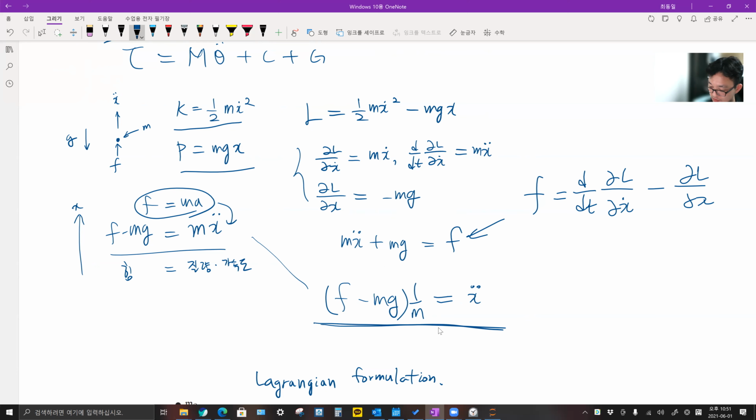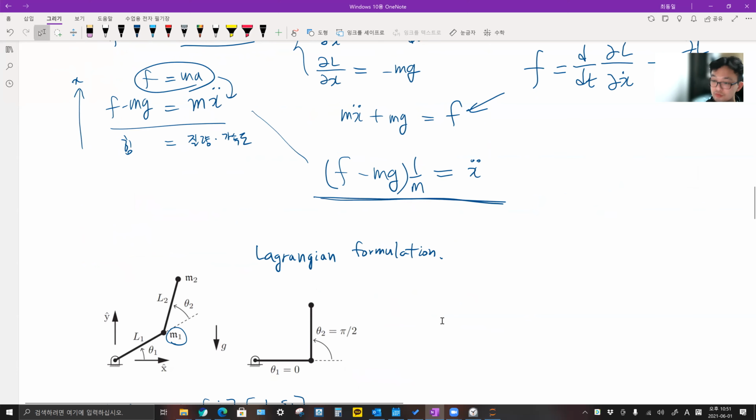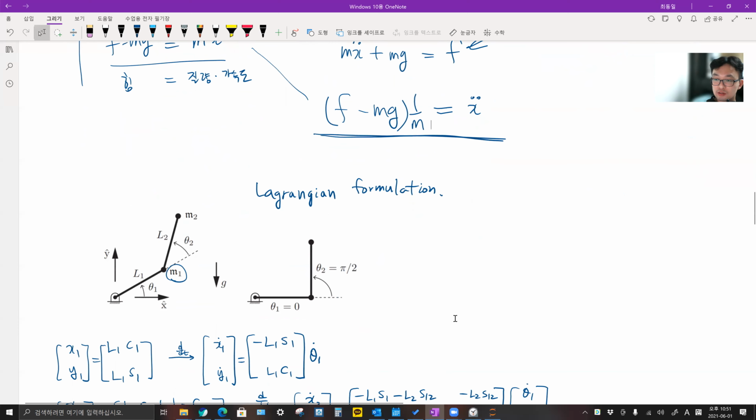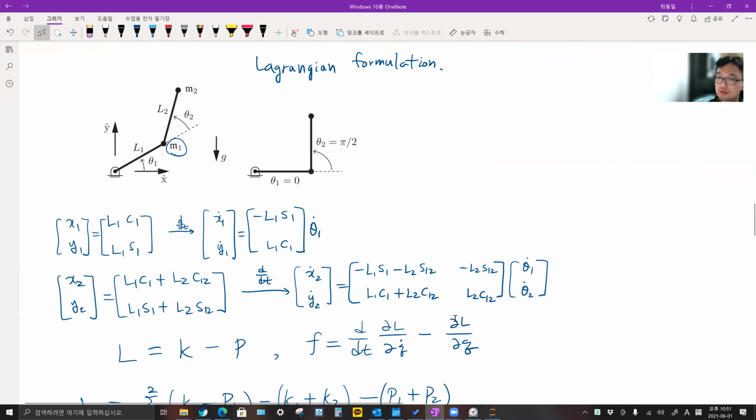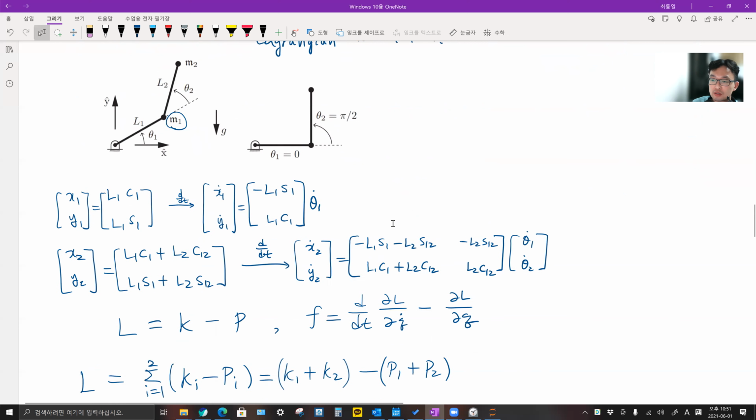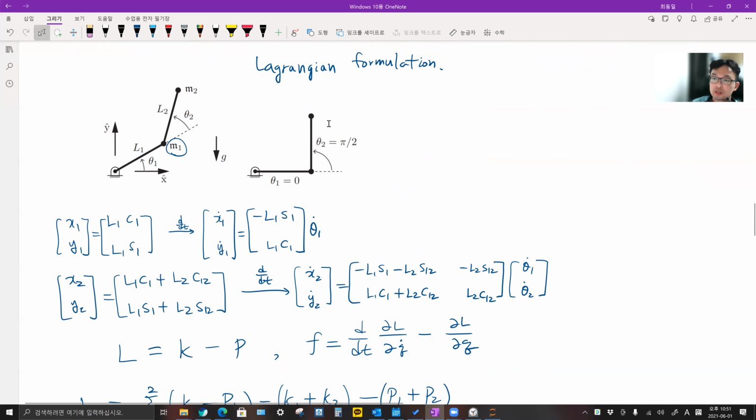So in a more complex case, there is the 2R planar robot. In case of the 2R planar robot, let's see the process of using Lagrangian formulation. Firstly, there are point masses, M1 here and M2 here. And there are theta 1, theta 2, and there is gravity here.